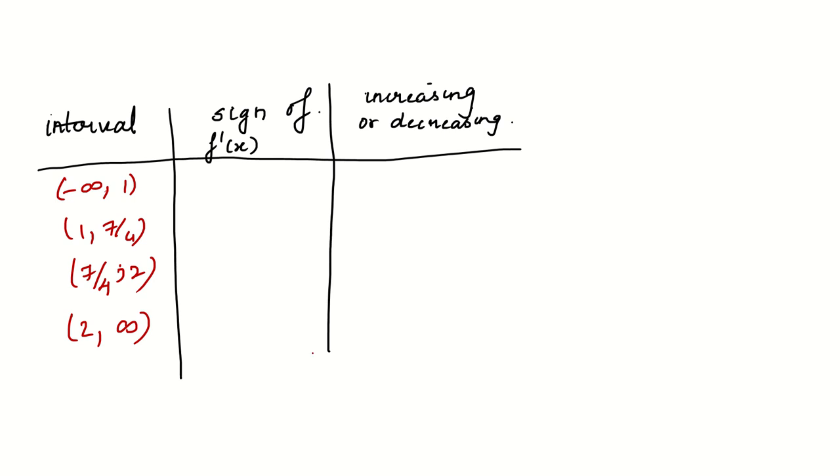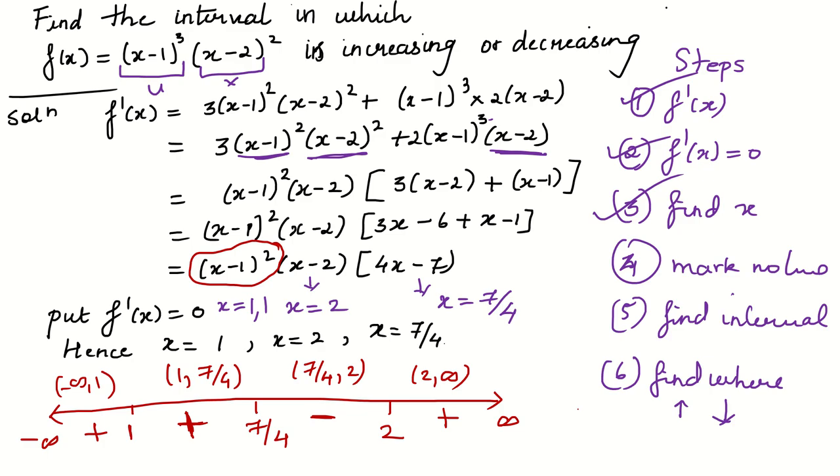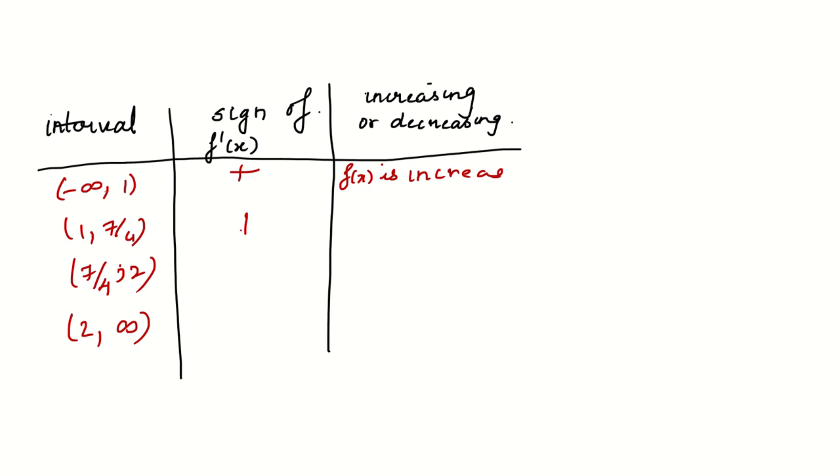According to the sign there was plus here, so overall f of x is increasing. Here I got also plus, so f of x is increasing. Then I got minus, so f of x is decreasing.